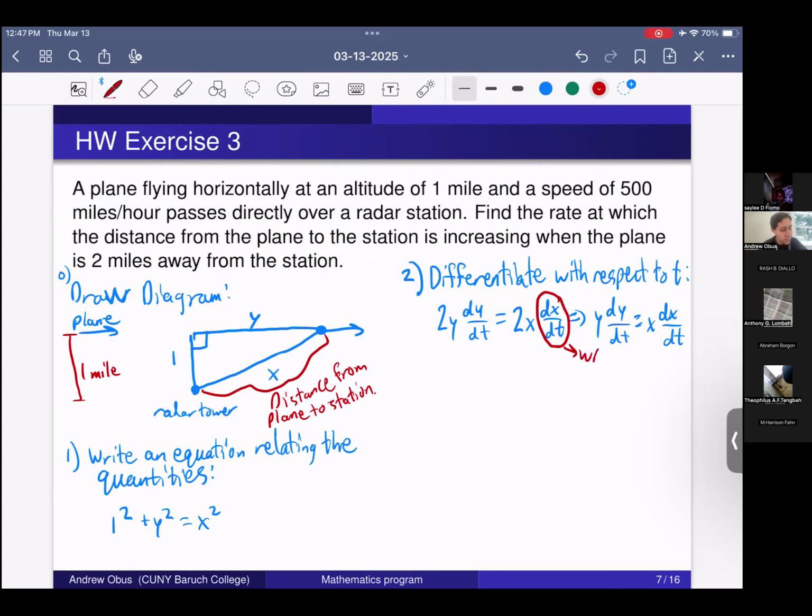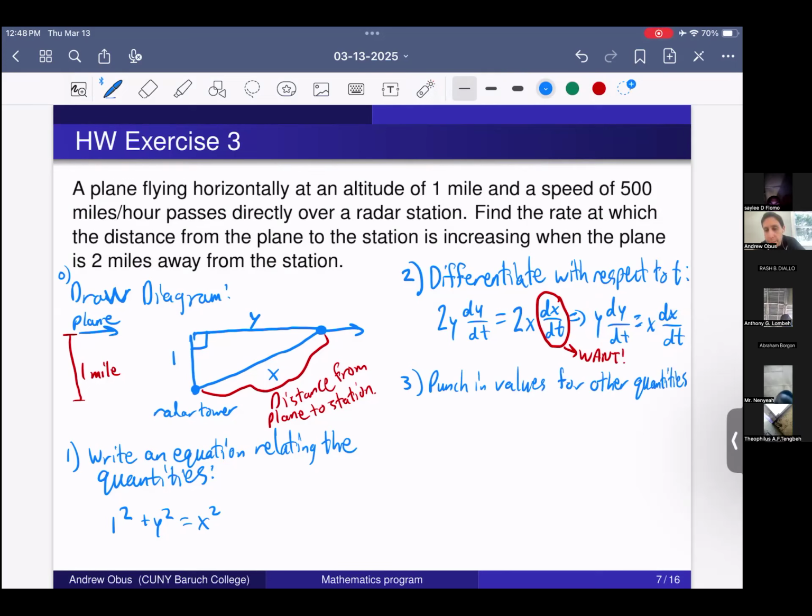This is what we want. Okay? So in order to do that, we're going to have to solve this equation. We're going to need values for all of the other quantities so that we can solve for dx/dt. So the third step is punch in values for the other quantities.